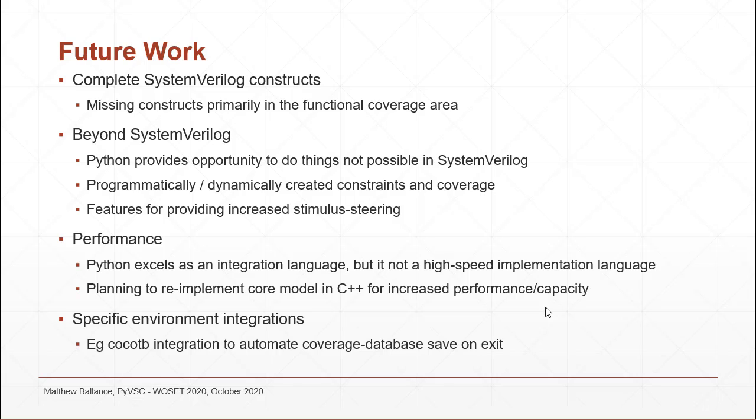So we're looking at re-implementing some of the guts of that algorithm in C++ for performance reasons. Finally, we're looking at specific environment integrations. Can we make, for example, in cocotb, is there a way that we can ensure that functional coverage gets saved automatically so the user doesn't have to worry about that?